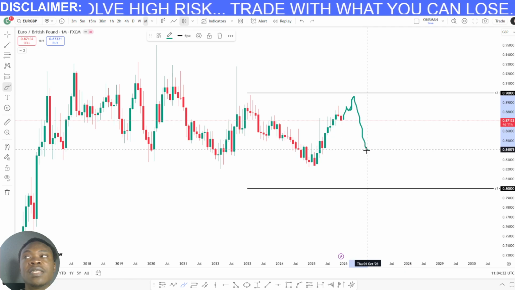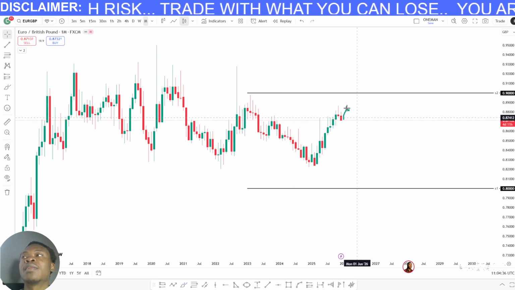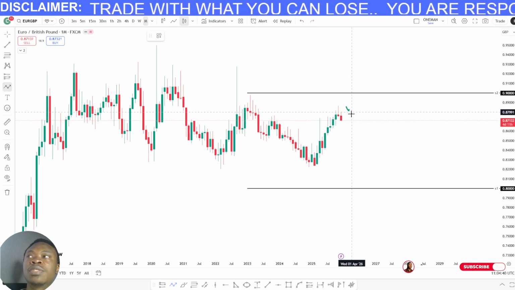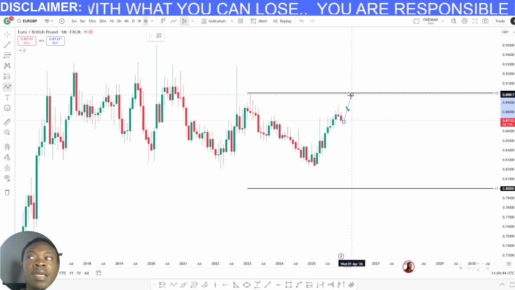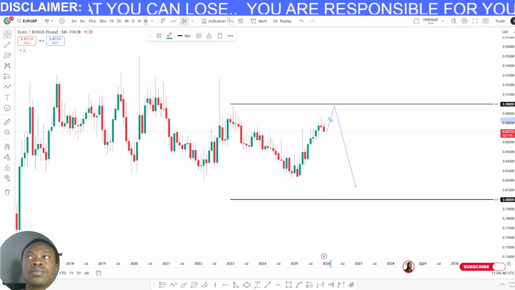Then we see selling into the year. So for the initial month, we can easily see the Euro GBP moving one more leg to the upside before we see price sells to the downside.